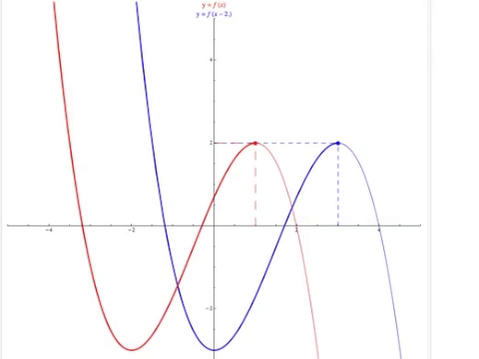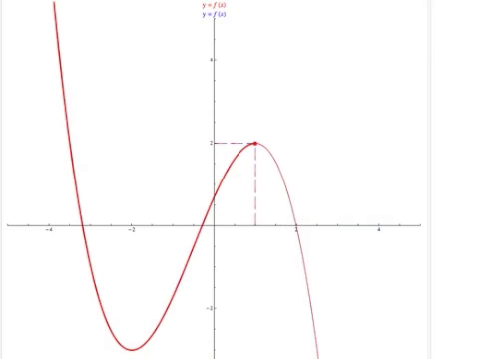So let's now just summarize that. When I added numbers to x, the graph moves parallel to the x-axis to the left. When I subtract numbers from x, the resulting graph moves to the right, parallel to the x-axis. Let me just put the graph back to where it was in the original.